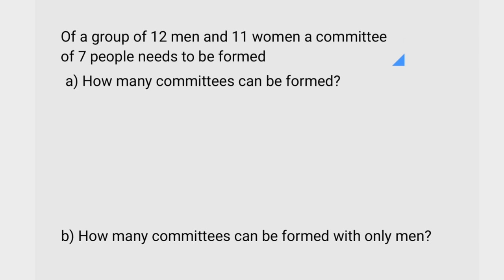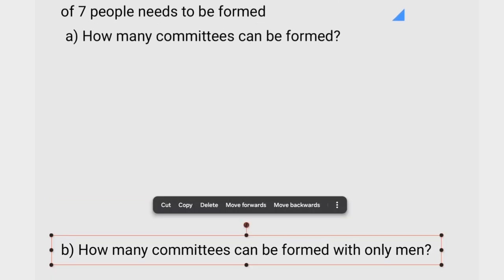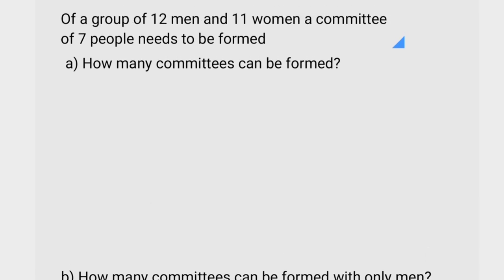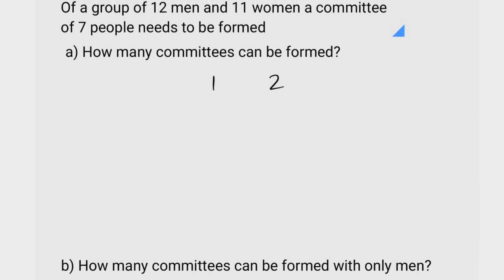Of a group of 12 men and 11 women, a committee of 7 people needs to be formed. How many committees can be formed? So again, it's the example of a committee. With a committee, the order does not matter. It's not a thing of there being different positions in the committee.